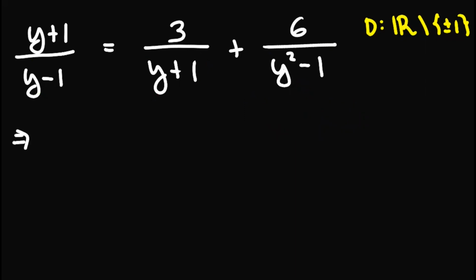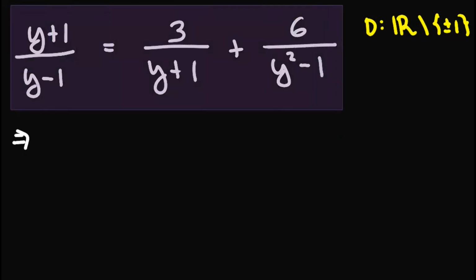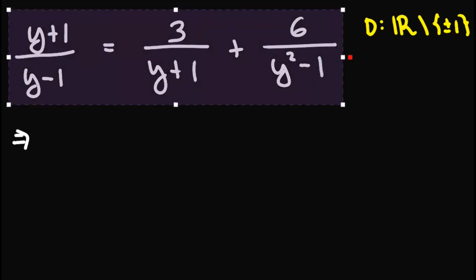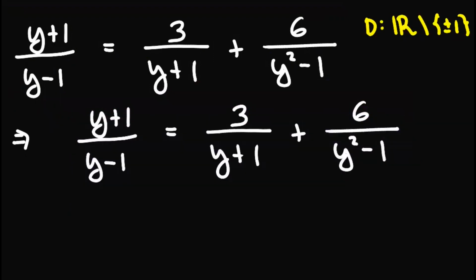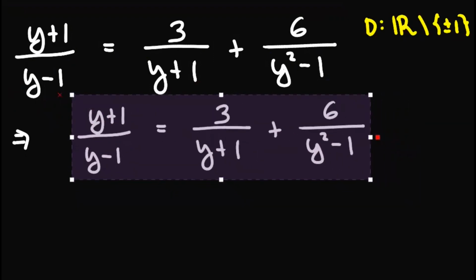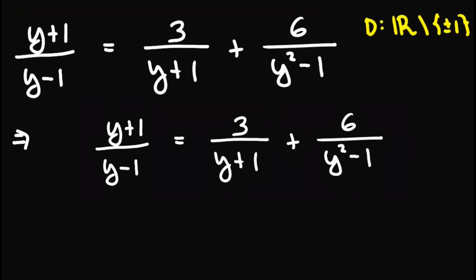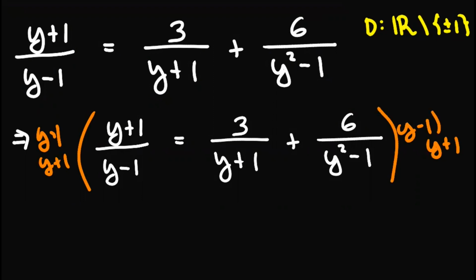So we'll have here, let's just copy this one. Again, we'll multiply (y - 1) and (y + 1) on both sides of the equation.